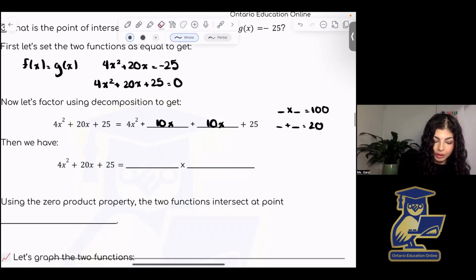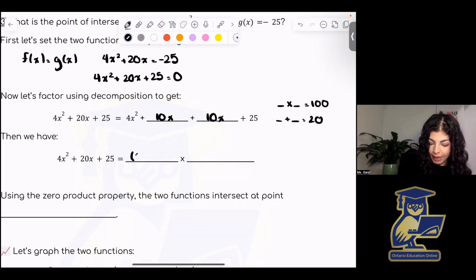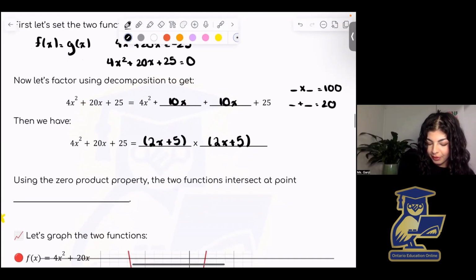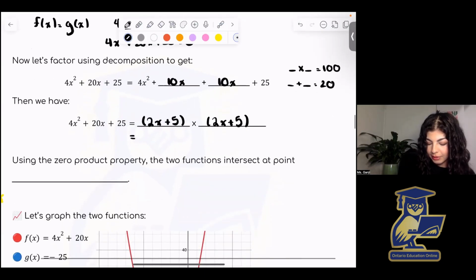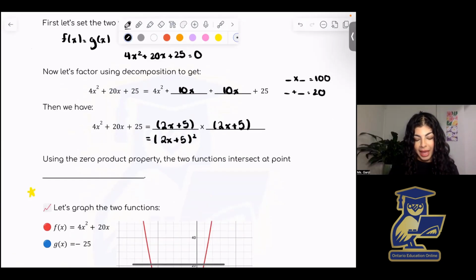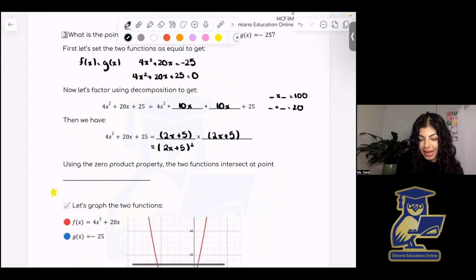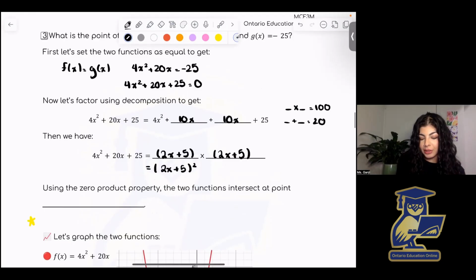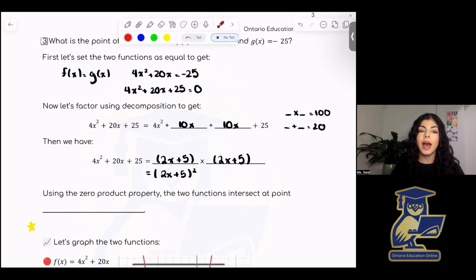So if you factor, we get 2x plus 5 and 2x plus 5, or 2x plus 5 squared.